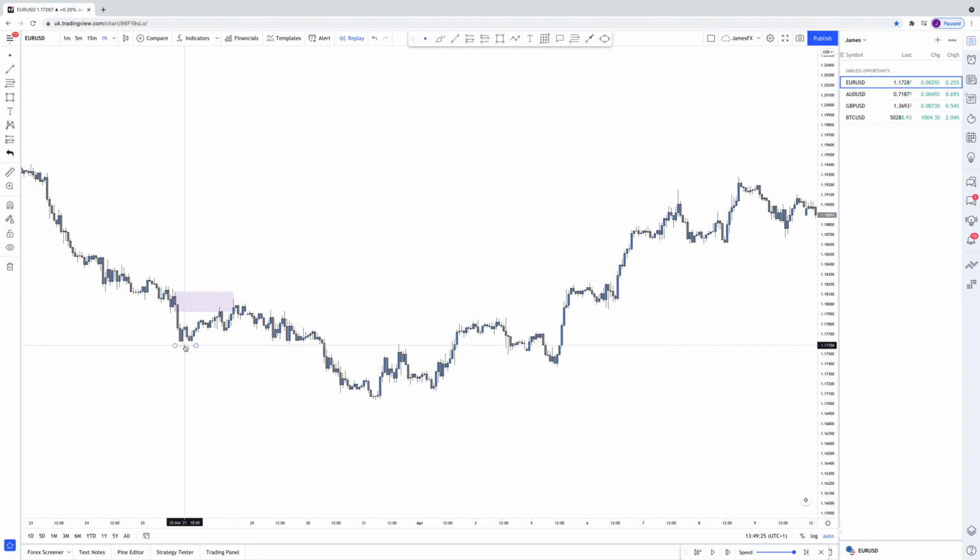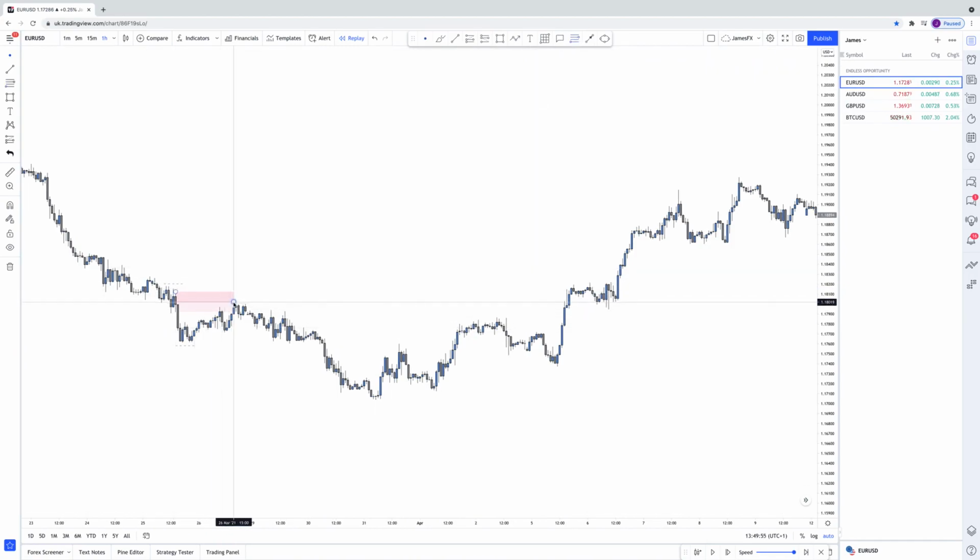We have a lower low, and the swing point is a bit subjective. Is it up here? For me, the swing point would be up here, but obviously what we can do is look at our order blocks and where price is likely going to react from, or where it's going to need to come back to mitigate before continuing. You can see if I just delete that off, what we had was, let me get my fib and bring it down.